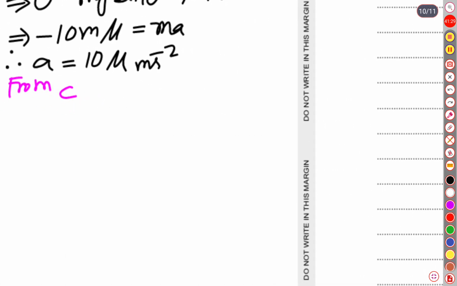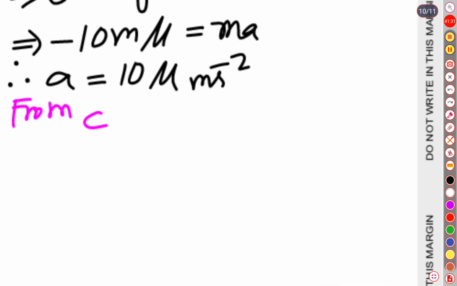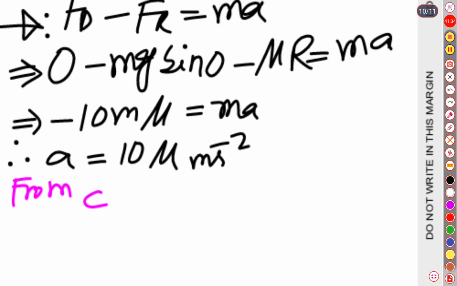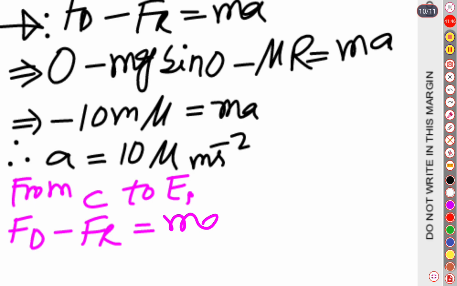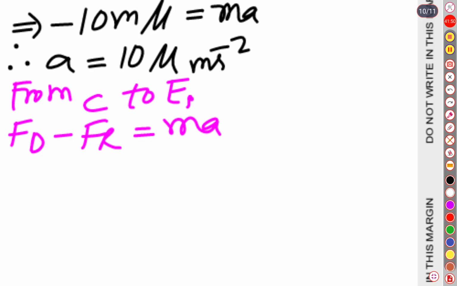So let's calculate from C to E. The concept is same: driving force minus resistance force is equal to mass into acceleration. Let's see what the driving force is.